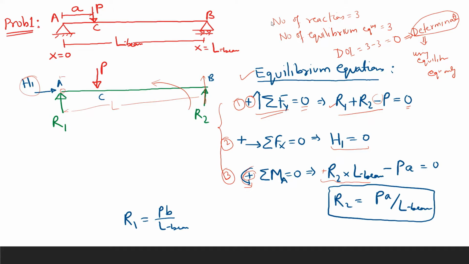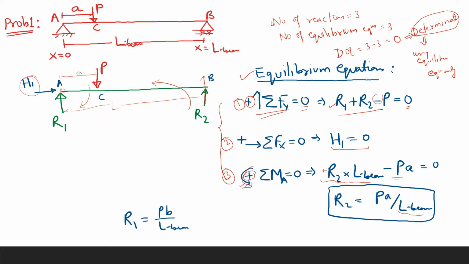P multiplied by this distance a gives a clockwise moment about point A, so it is negative, because we have considered anti-clockwise as positive. Therefore R2 equals Pa by L, where L is the length of the beam.